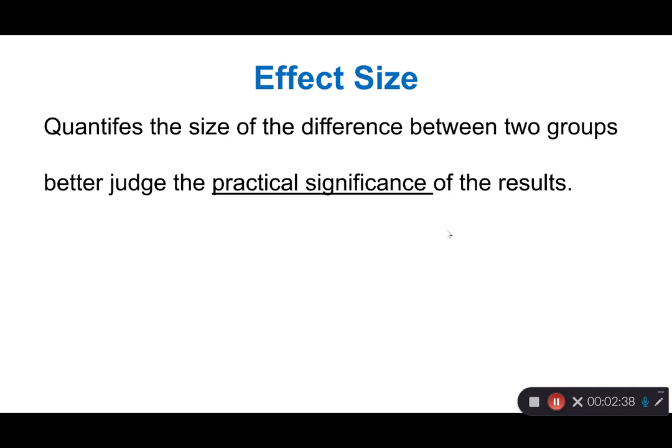The effect size is an important concept because it's a good way to judge the practical significance of the results. When we do hypothesis testing, we're looking at the statistical significance of the results. And many people get caught up in that word significance. When we find that something is statistically significant, it doesn't mean it's important.